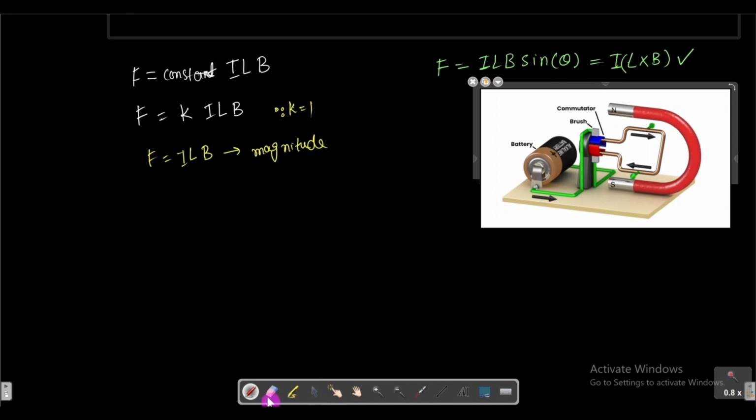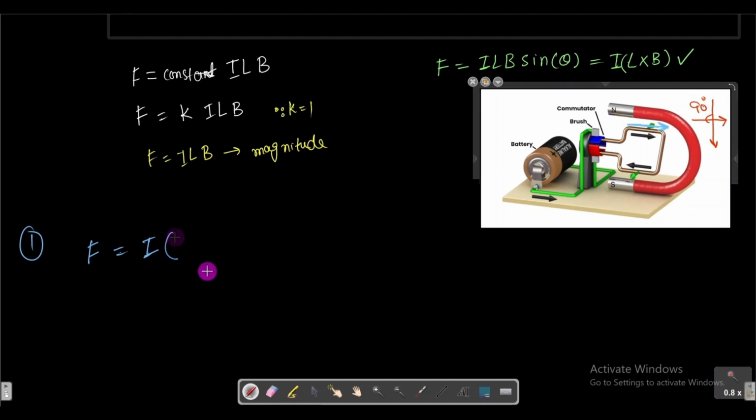Here we have three cases. The angle between L, the length of the conductor, and B, the external magnetic field, will be 90, because the external magnetic field is in this direction from north to south, and the length of the conductor is this.